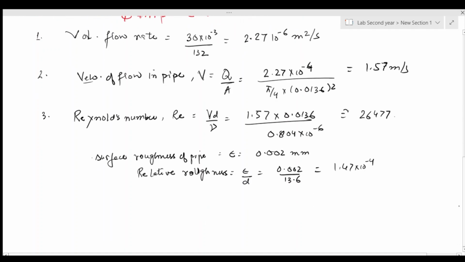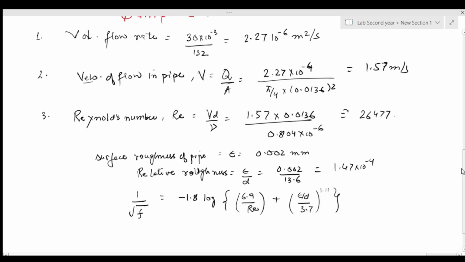Now, we know that using the Colebrook relation, we get my friction factor, which is small f, needed for finding loss due to friction. This formula is 1 by root f equals minus 1.8 log to the base 10 of, 6.9 by Re, which is my Reynolds number, plus epsilon by d by 3.7 to the power 1.11.